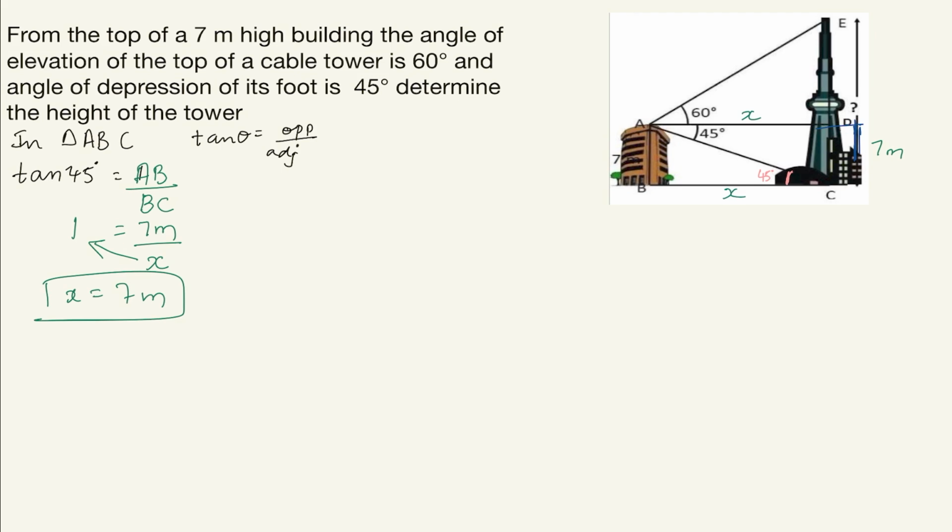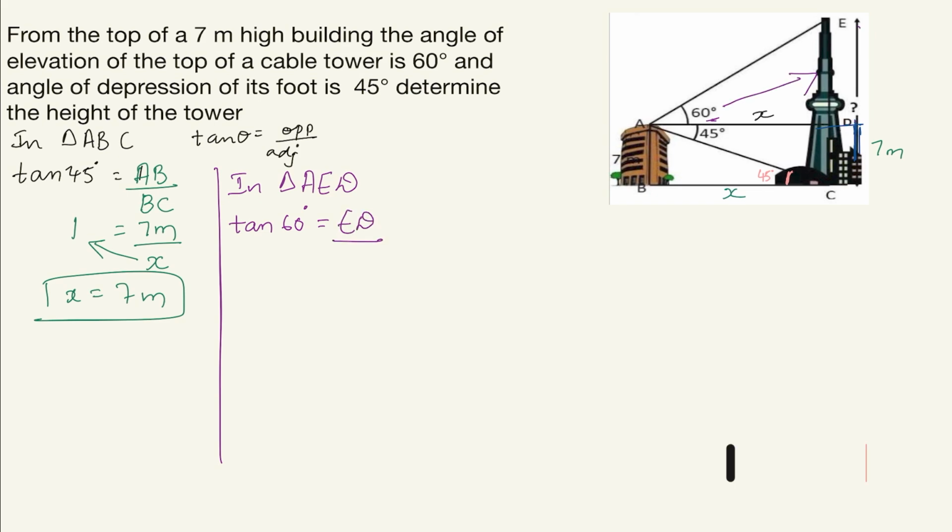We will be considering triangle AED. This is the triangle we will be considering now, triangle AED. So, in triangle AED, again we will be considering tan theta. What is theta here? It is 60 degree. Tan 60 degree is equal to opposite by adjacent, which is the side opposite to 60 degree.